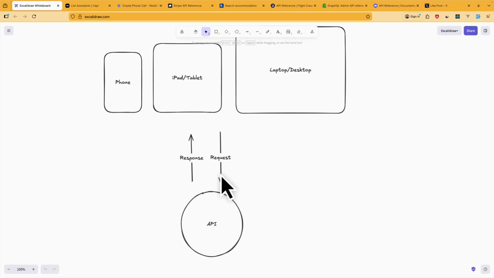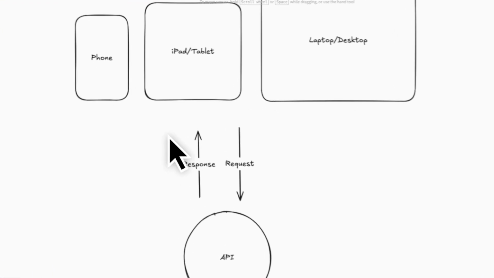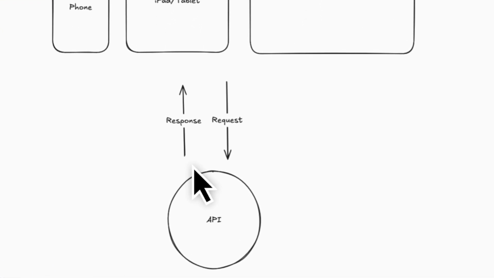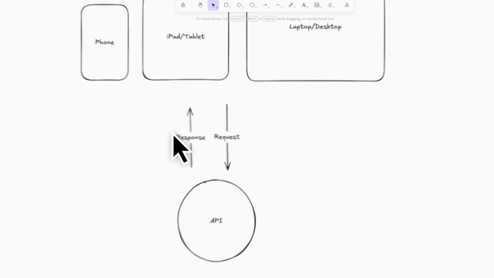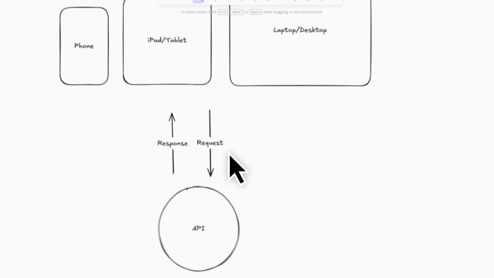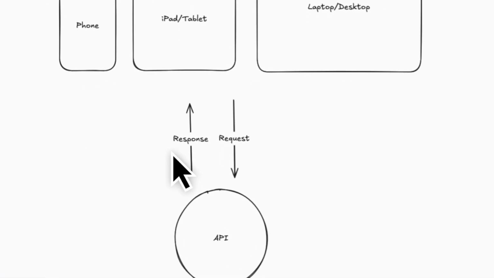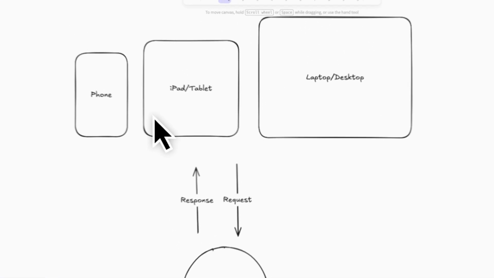You send the request, and then you get back the response. And the API or the server you are sending the request to will send back the response. This is the most commonly used pattern. You send the request to the server, and then you get back the response.